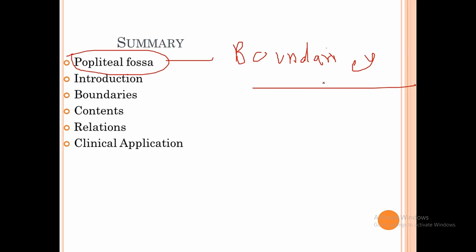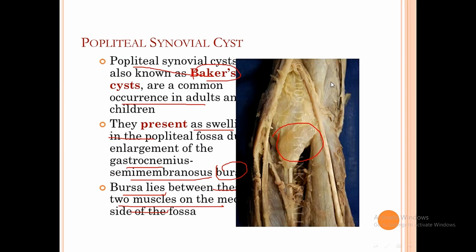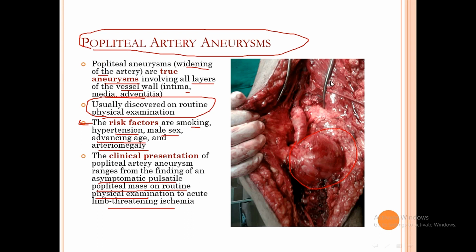Popliteal artery, popliteal vein, tibial nerve, common peroneal nerve, and the relationship of all the structures from lateral to medial. Then in the clinical applications, we talked about the popliteal block, the popliteal cyst, the examination of the popliteal cyst, and also the popliteal artery aneurysm.